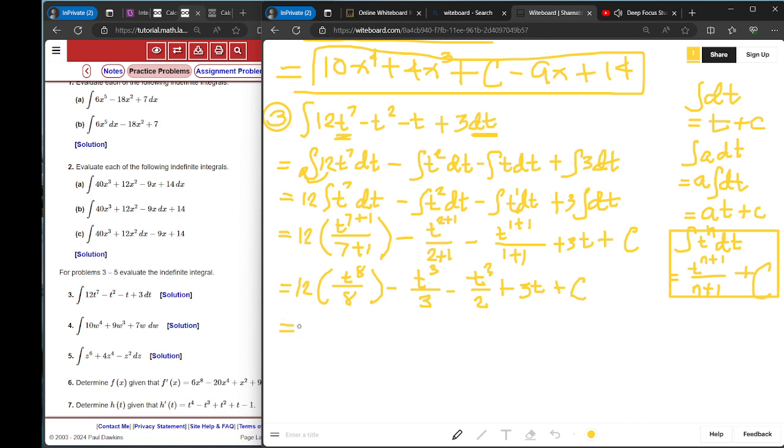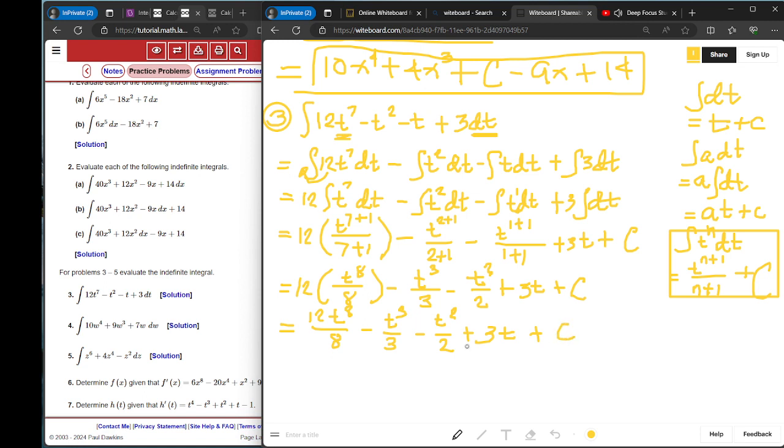Then we can rewrite this as 12t to the 8 over 8 minus t cubed over 3 minus t squared over 2 plus 3t plus c.